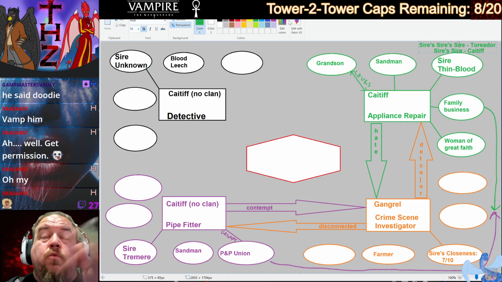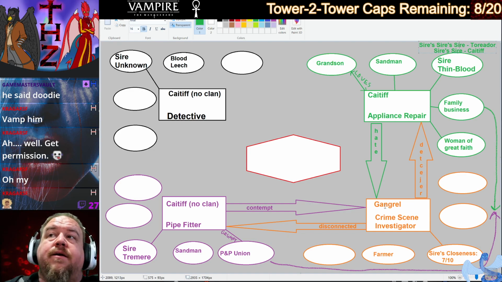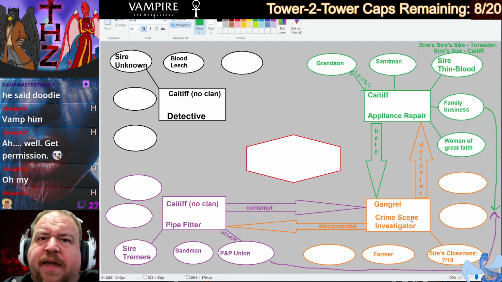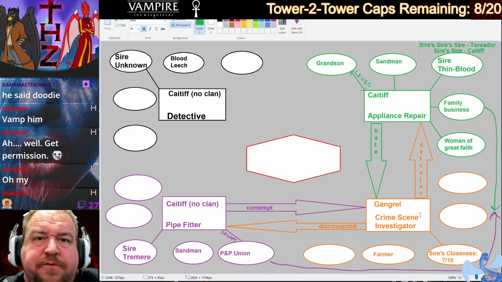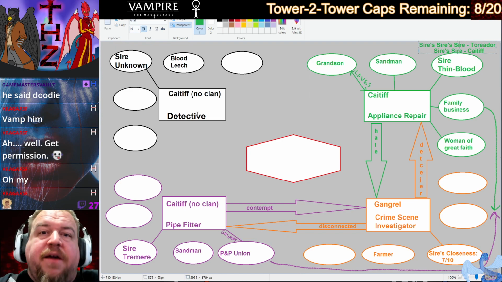And in fact, one might be older than the other. So maybe the gangrel is chronologically as a human older, was embraced for being able to sniff around for clues, embraced by the gangrel, right?